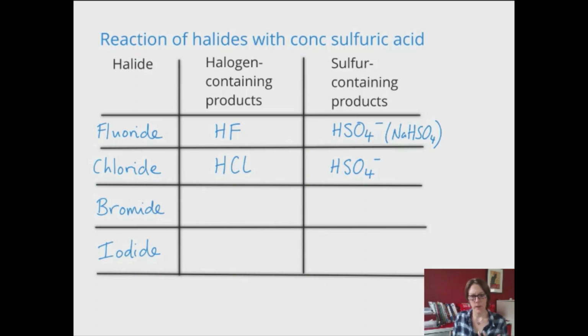So if I was balancing the equation, I would probably have sodium hydrogen sulfate as a product. That's if I started with sodium fluoride. So the full equation would be NaF plus H2SO4 makes HF and NaHSO4.